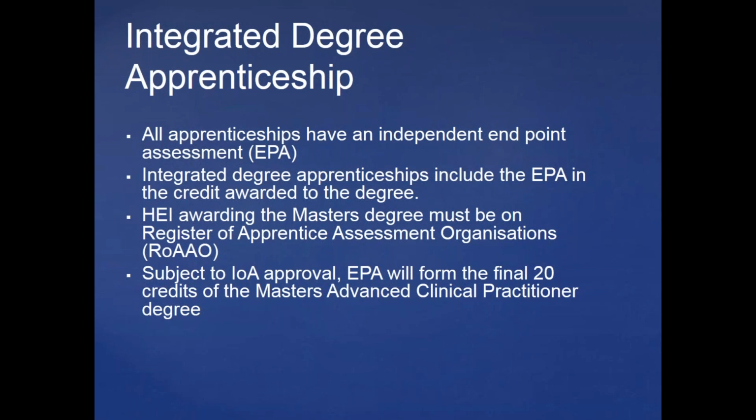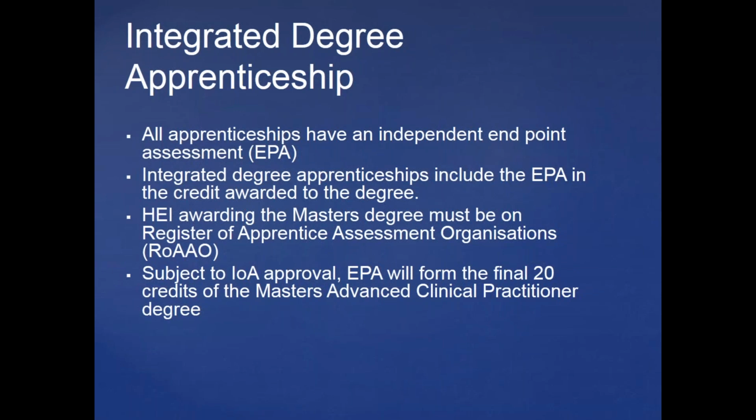So one of the first questions that we had to ask was whether this apprenticeship would be non-integrated or integrated. For a degree apprenticeship, it's, I suppose, recommended that the apprenticeship is integrated, which means that the endpoint assessment is actually counted as part of the total credits in the degree.